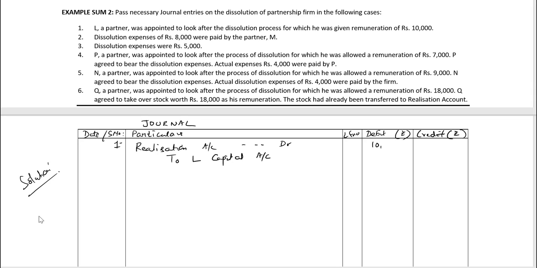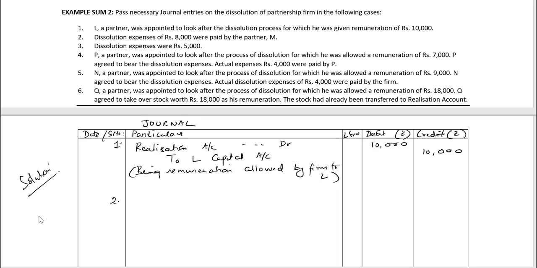Amount 10,000 rupees. Narration: being remuneration allowed by firm to partner L.